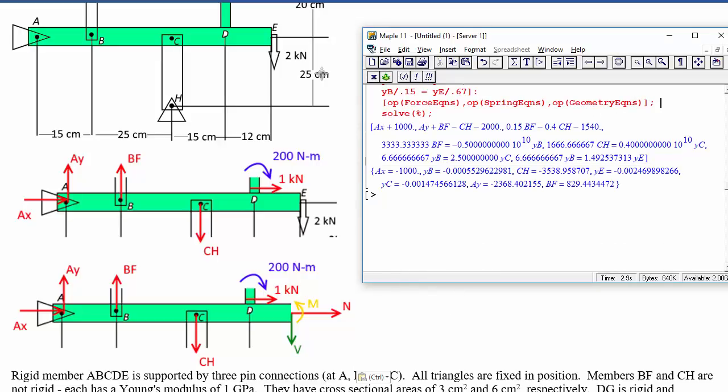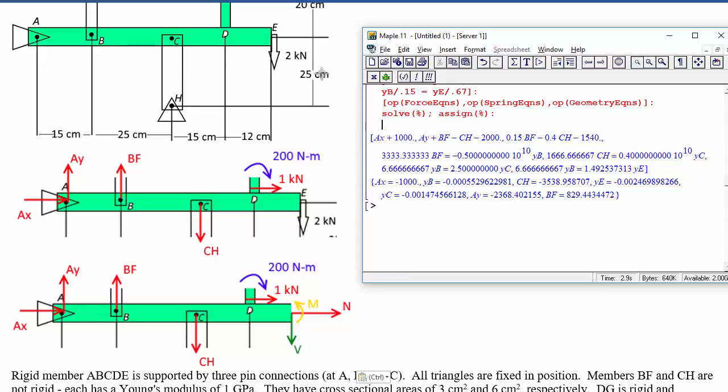Okay, so let's see. We don't really need to show the output of that. We are going to need the output of the solve command, and then we'll assign it. Then we need to define the things inside there.